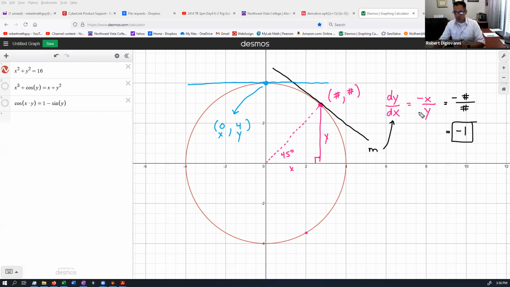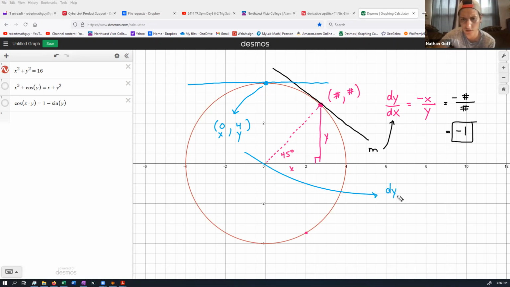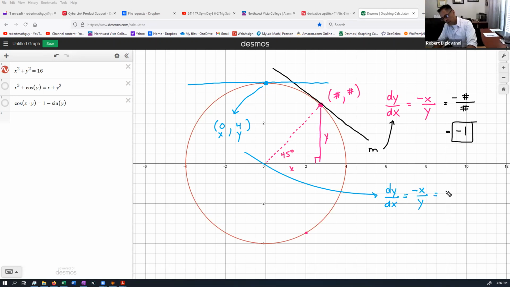Plug that into this formula and what would you get? dy dx would be negative x over y, but the x is 0, the y is 4, and that is 0. 0 divided by anything except 0 is going to be 0. And do you agree that that line has a slope of 0? Right there, it's flat.